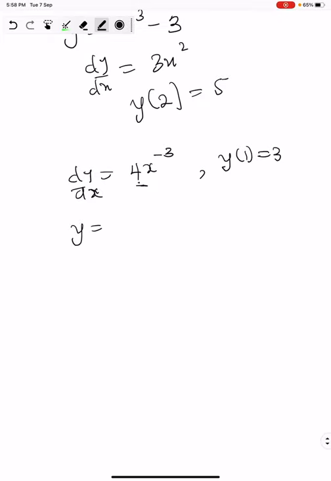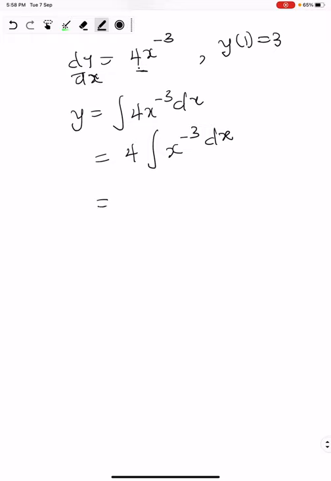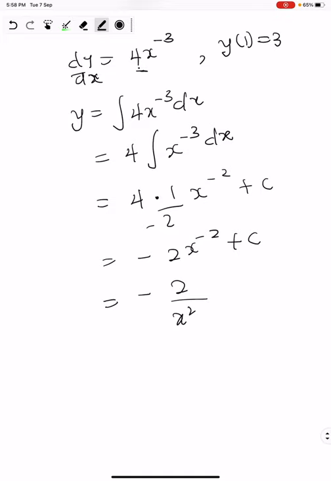So y is equal to the integral of 4x to the power minus 3 dx, which is 4 times the integral of x to the power minus 3 dx. This is 4 times, you add 1 to the exponent, that will be minus 2, x to the power minus 2 over minus 2 plus c. This is equal to minus 2 over x squared plus c.